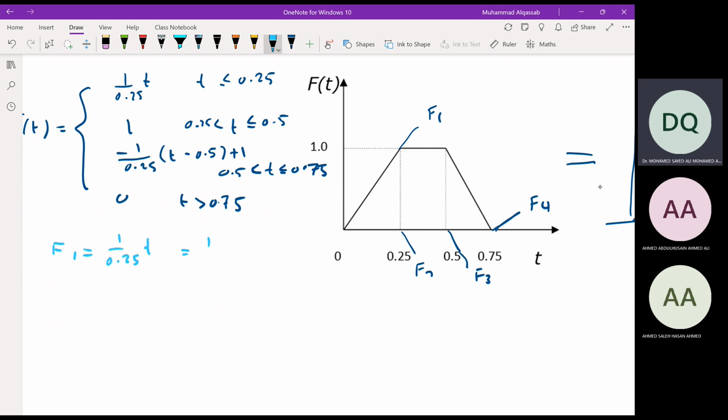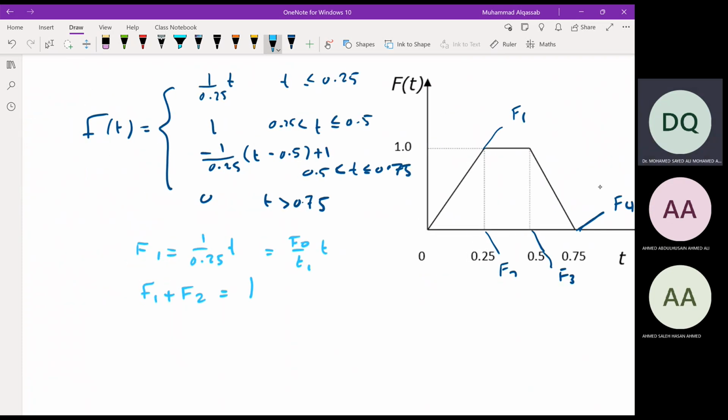You know that this is f0 over t1 times t, so you can use the response of the ramp. And f1 plus f2 should equal 1 for t greater than 0.25 and less than or equal to 0.5. And from here we find f2.